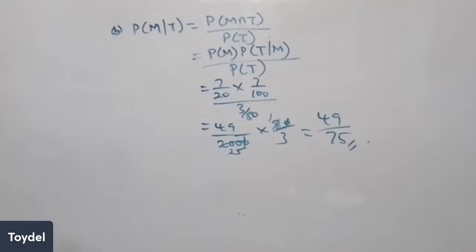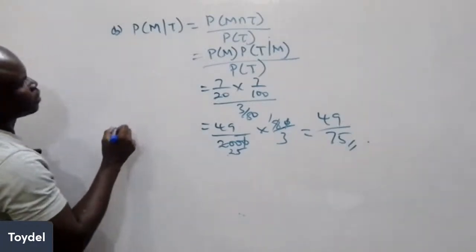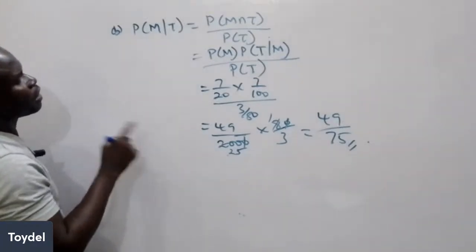So let's go through it very well and understand everything about the condition that was placed on that particular question. I would love to stop here because of our time. I want us to check out the condition that was placed on conditional probability.